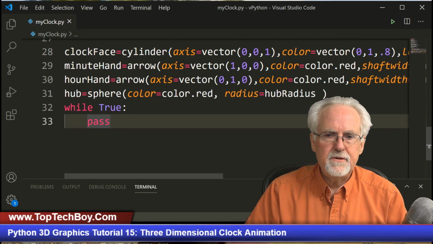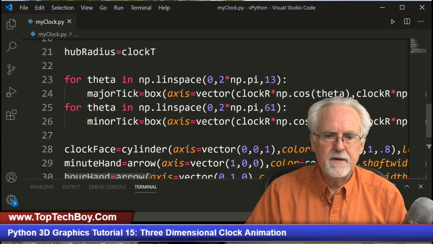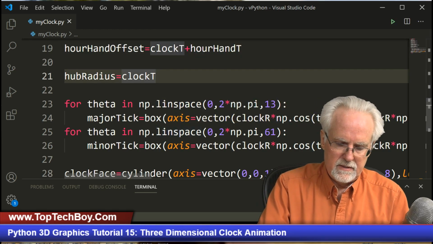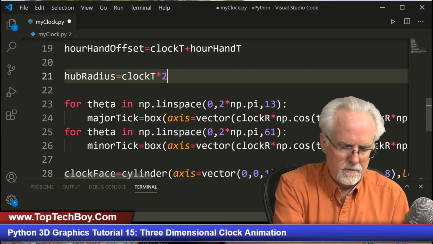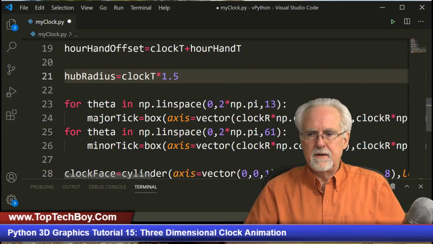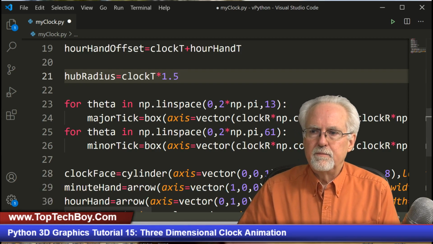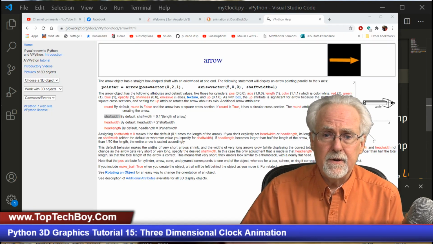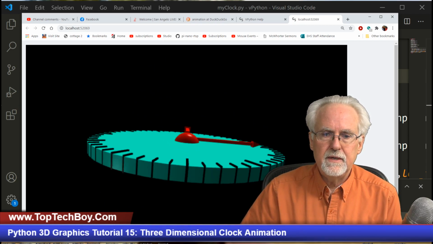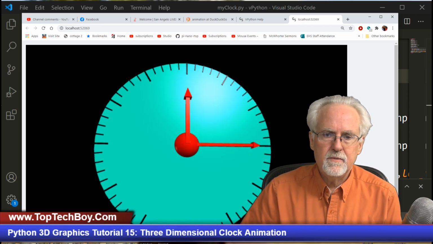And if you don't like this, you can put something else there to connect onto it. But hub radius is equal to clock thickness times, let's say, 1.5. And that should bring it out a little bit more, give it a better chance to snag both of those hands. Oh, that's way too big.